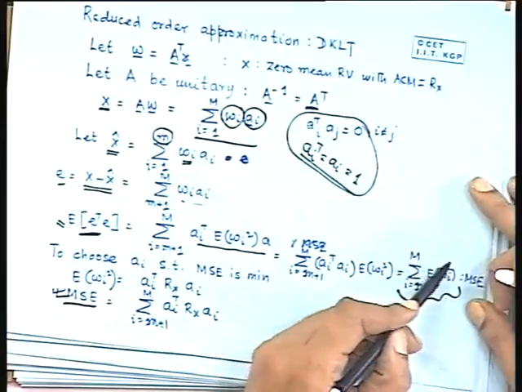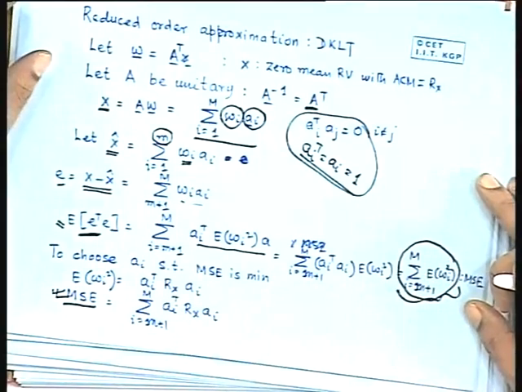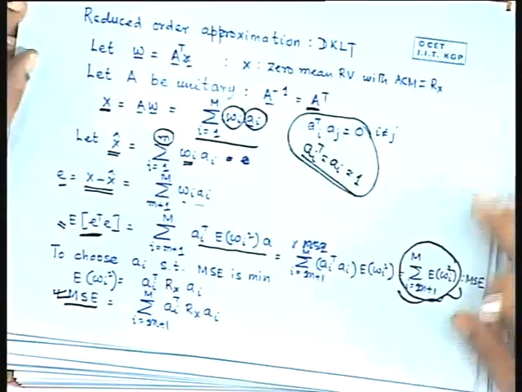Now, which eigenvectors? Obviously you should send it such that this sum is the least, is it not?